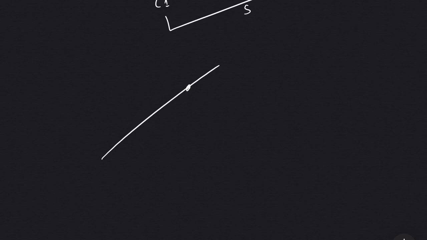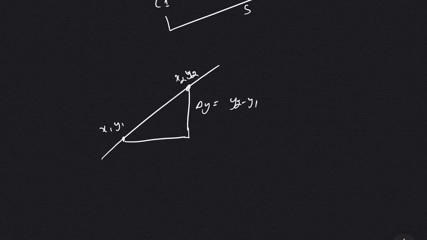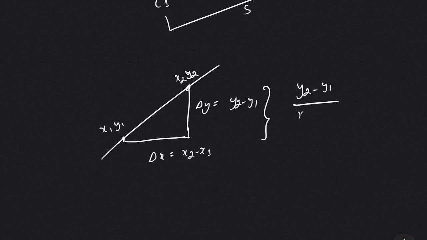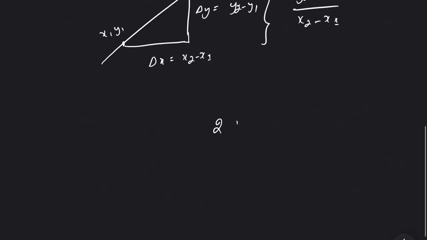If we are given a line and we have 2 points, x1, y1, x2, y2, then our slope is going to be equal to y2 minus y1 over x2 minus x1. If you are given 2 coordinates, then they will form a straight line. In that case, the answer is true.